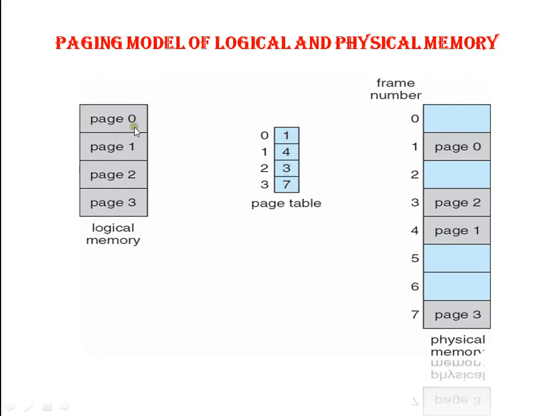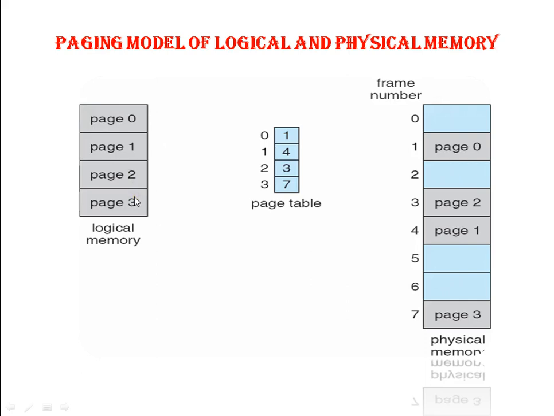That is, page 0 is stored in frame number 1. This is the meaning. If you see your physical memory, as you are aware, in the starting of the video we told that logical memory contains the page numbers and physical memory contains the frame numbers. So frame numbers are 0 to 7, and here page numbers are 0 to 3.